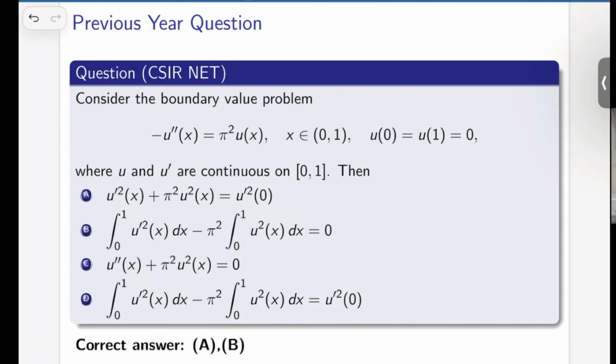Since it involves integral and differential equations, it is always best to solve this differential equation, then substitute in the options. So find the solution u(x), substitute in the options, and check which options are true.